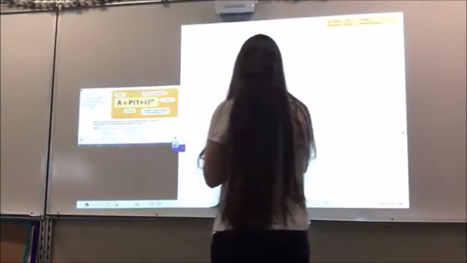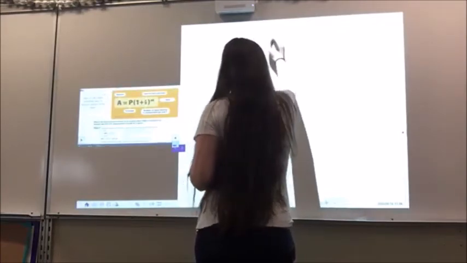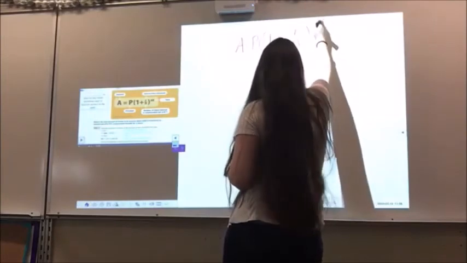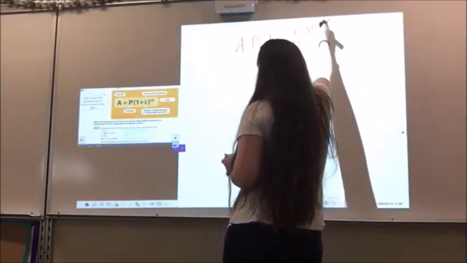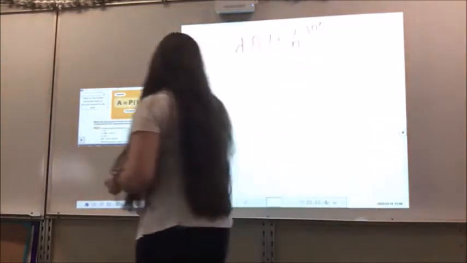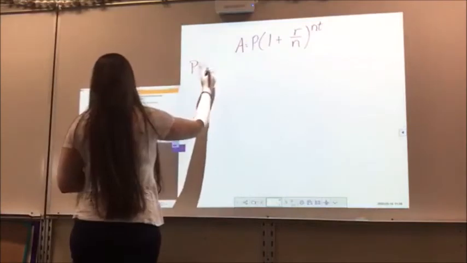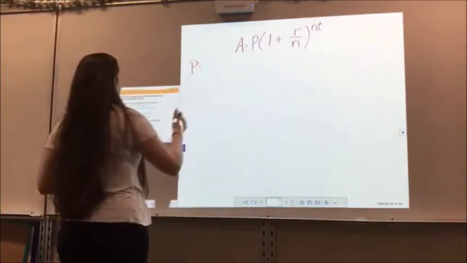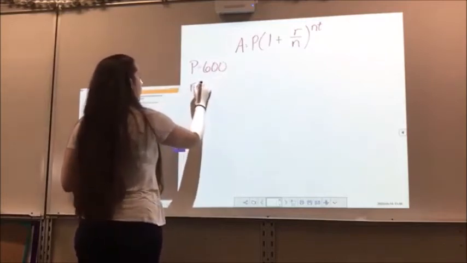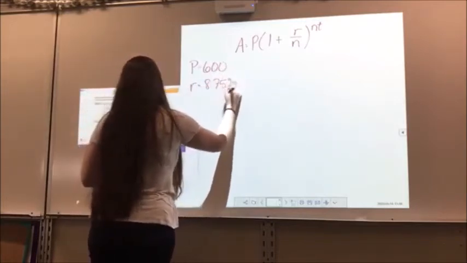Okay. So my formula is A equals P times 1 plus r over n, raised to nt. Okay? So P is my principal. So P in this example is $600. Okay? R is the rate, which is 8.75%.